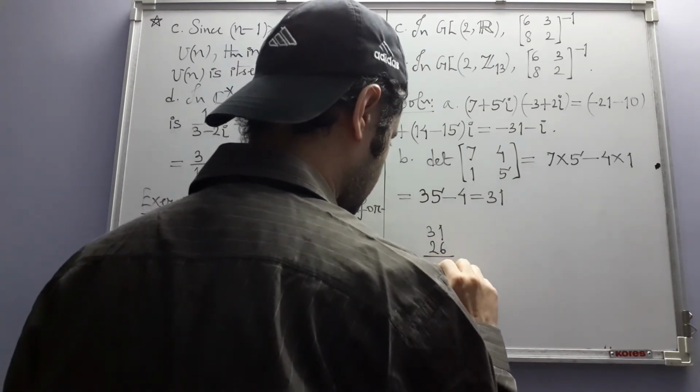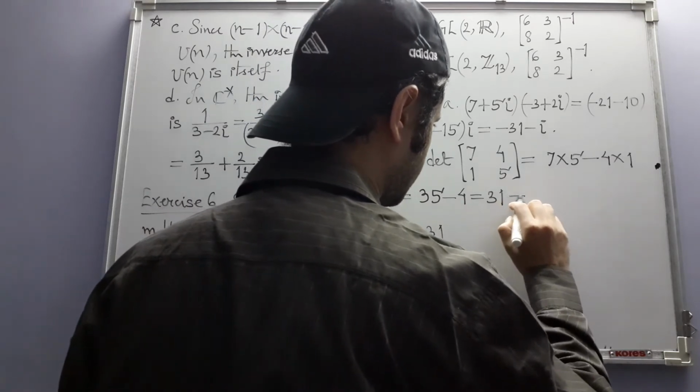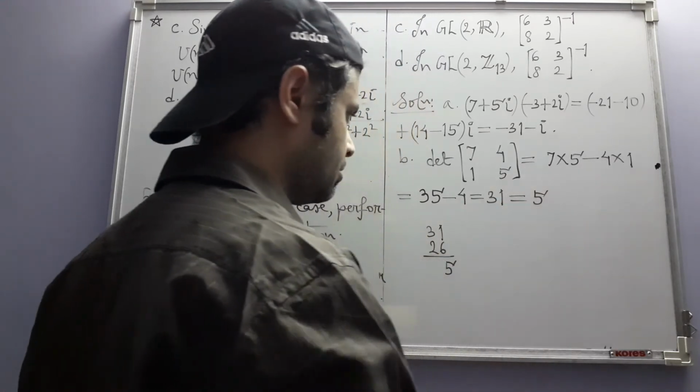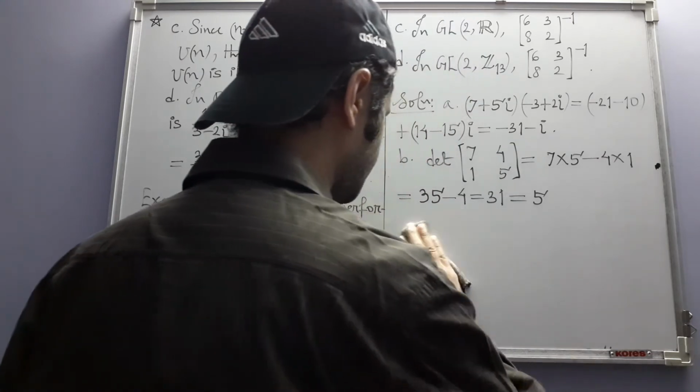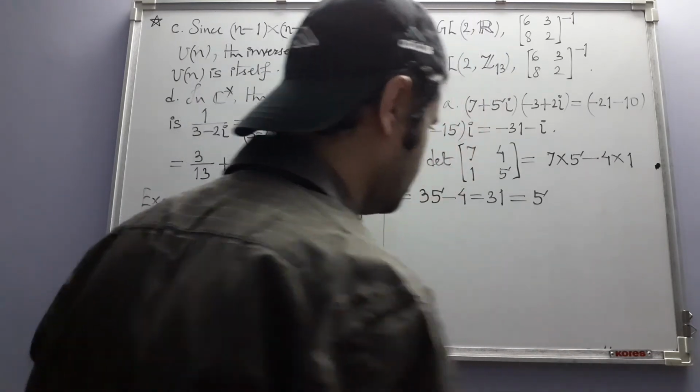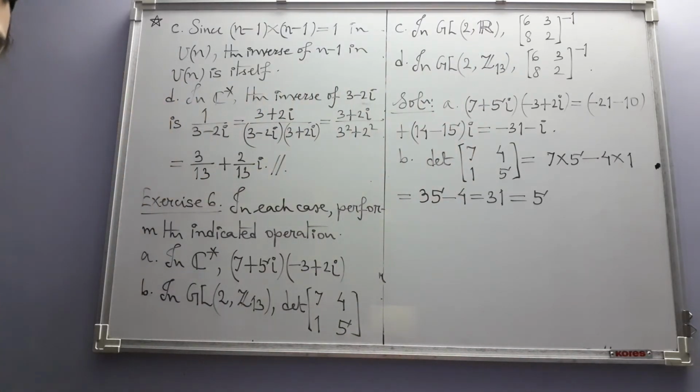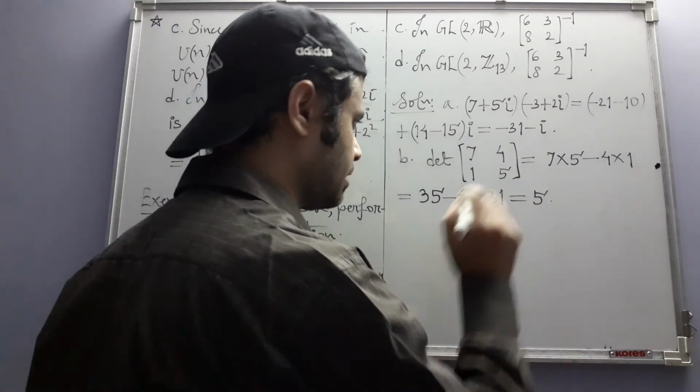Okay, 5. So this is equal to 5, because if you divide 31 by 13, then the remainder is 5. So that is the answer.